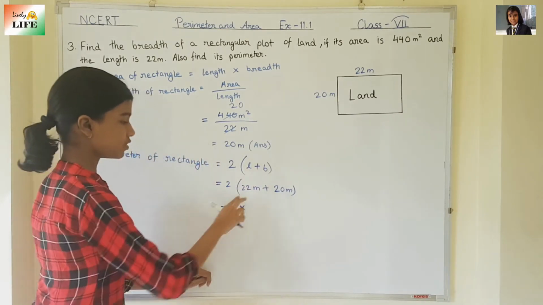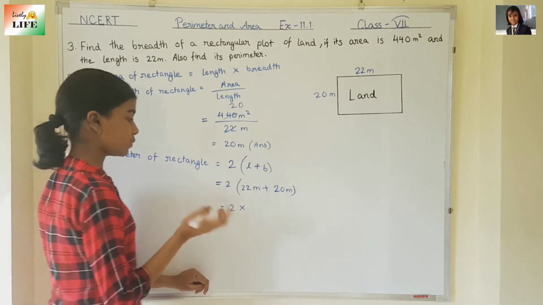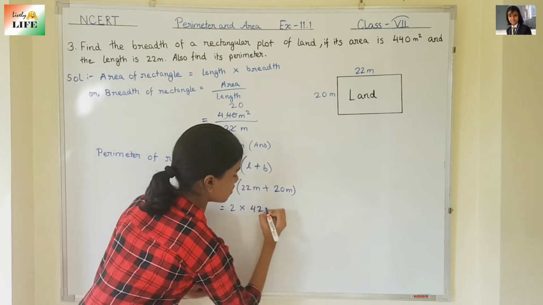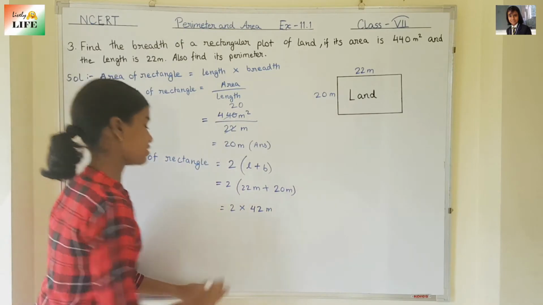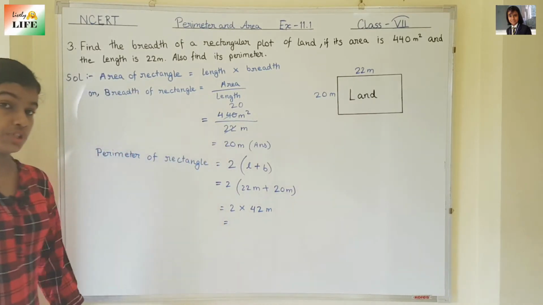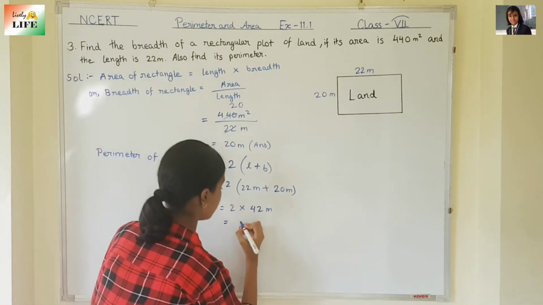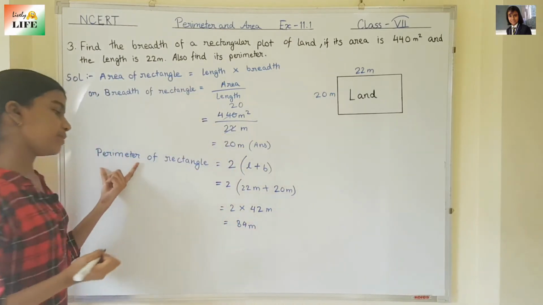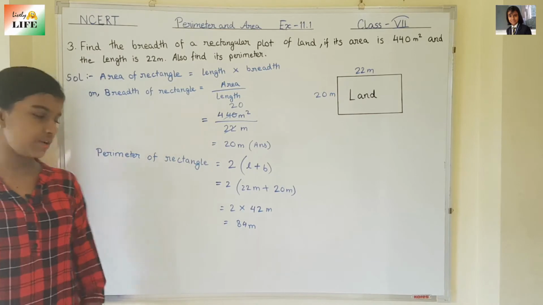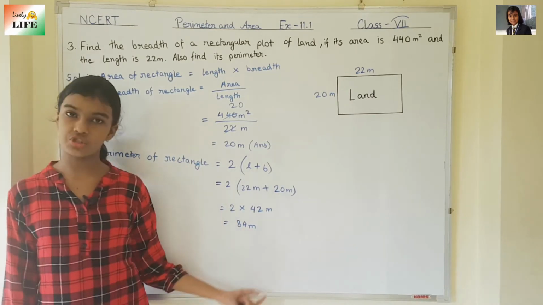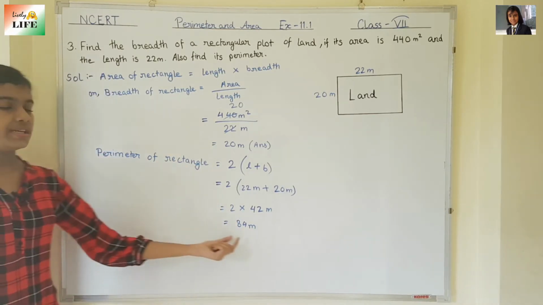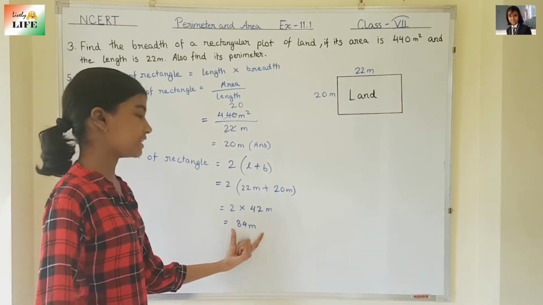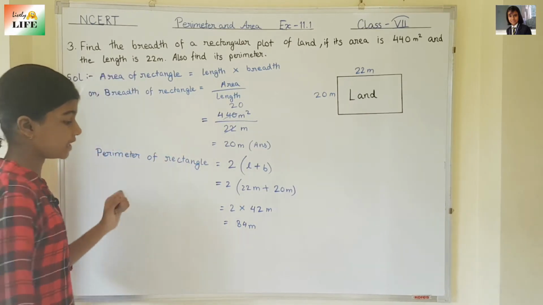If we add this, 2 plus 2 is 4, so 42 meter. 2 into 42 meter. 2 2s are 4 and 4 2s are 8. 84 meter. This is perimeter. The unit of perimeter is meter only. Only for area it is meter square. So the answer, what is the perimeter of the rectangle? It is 84 meter.